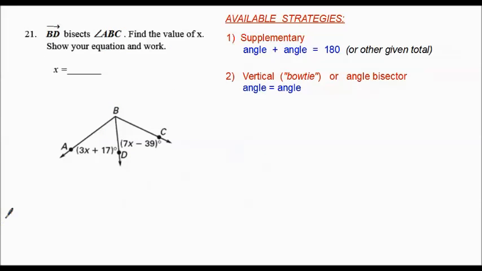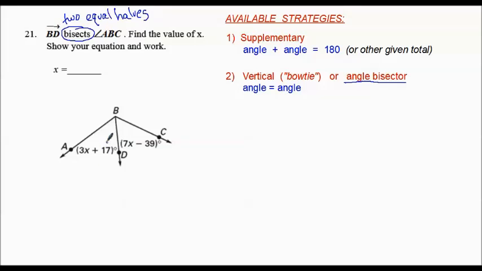In this next problem, they again tell us that BD bisects angle ABC. Going back to our available strategies, we know that when we have an angle bisector, it's the same strategy as vertical angles. We're just going to have one angle equal to the other because bisector means two equal halves.